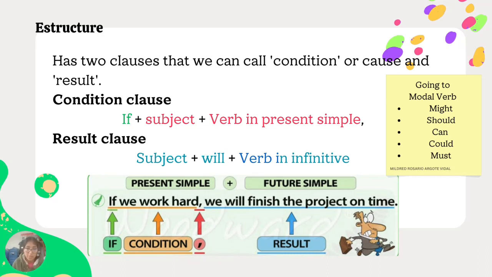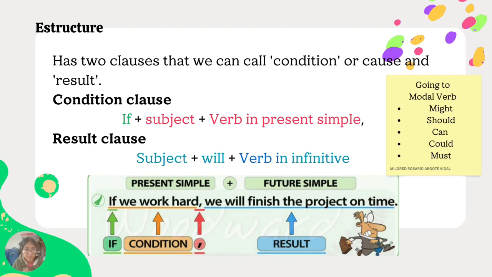The result clause is formed with subject plus will plus verb in infinitive. But we will not only use will. You can also use going to and modal verbs. Remember that modal verbs are might, should, can, could, and must.